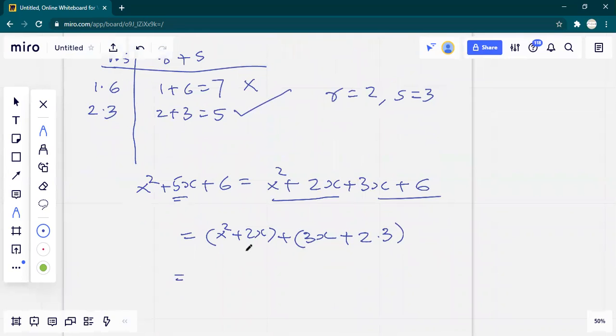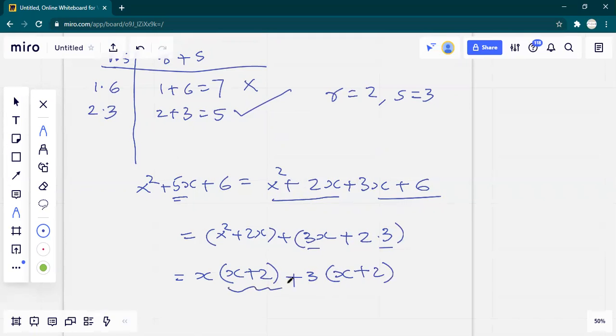Okay, let's factor x from the first two terms. If you take x from x squared, you will get x. If you take x from 2x, we will get 2. The remaining term is 2. Then we can factor 3 from these two terms as a common factor: 3 times x plus the remaining term 2.